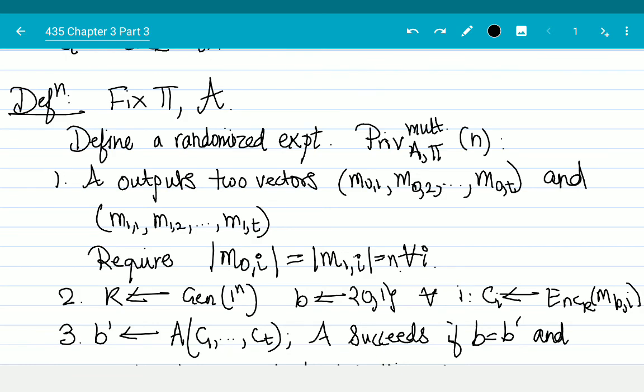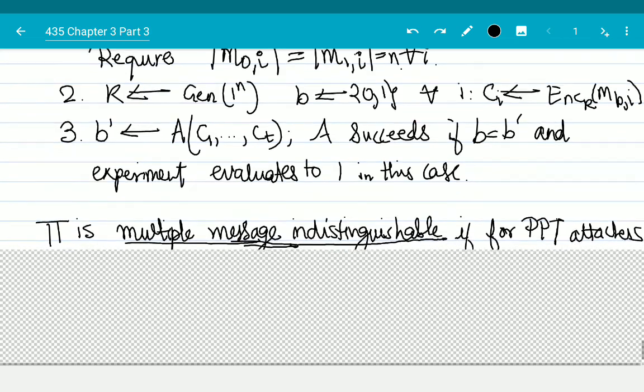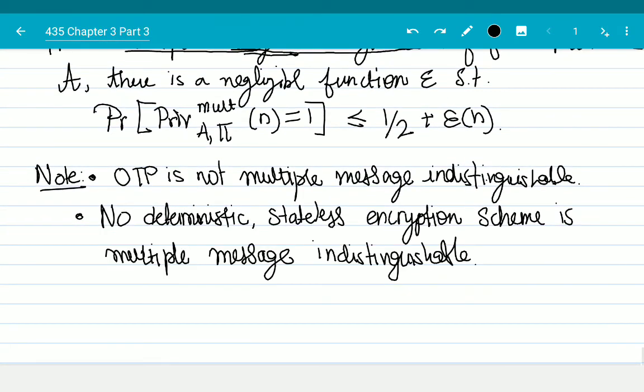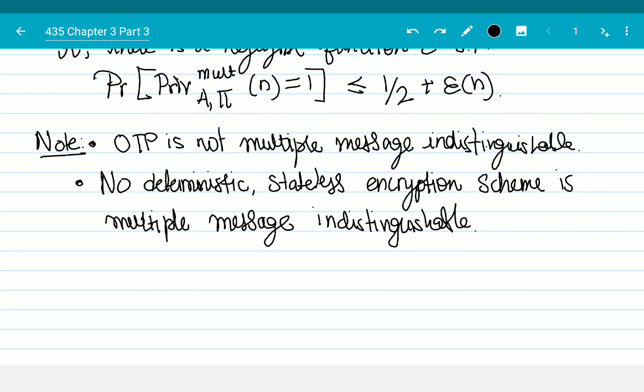Because if C1 is equal to C2 using the same key, M1 better be equal to M2. If M1 and M2 were different, they should have been encrypted to different things. That's why no deterministic stateless encryption scheme can ever be multiple message indistinguishable, right?